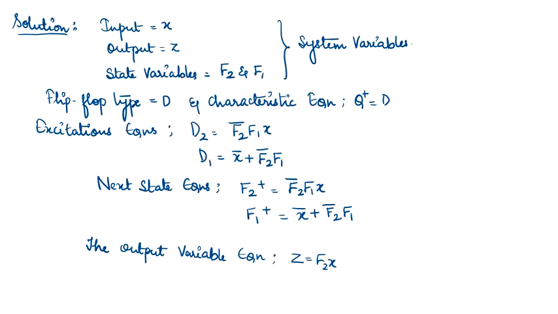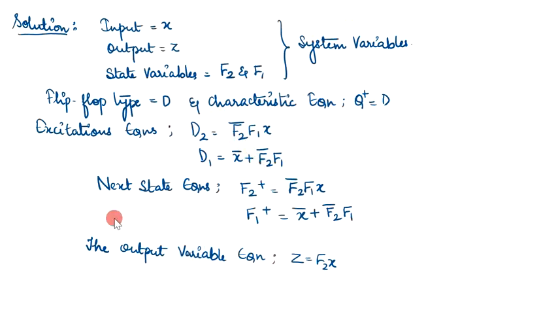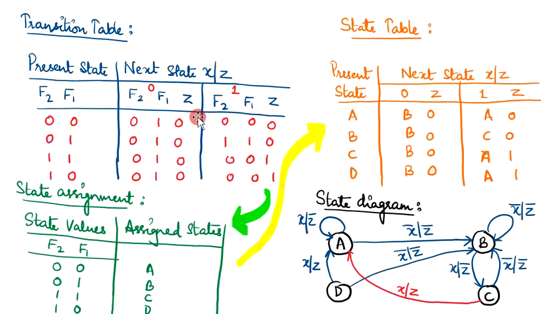So F2 plus, if I denote the next state as F2 plus, look at the expression of F2 plus: F2 bar, F1 into X. So F2 bar is 1, F1 is 0, plus X is 0.